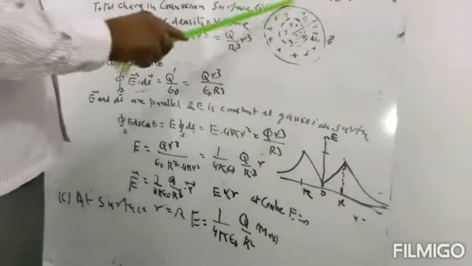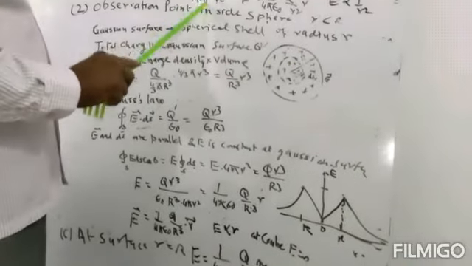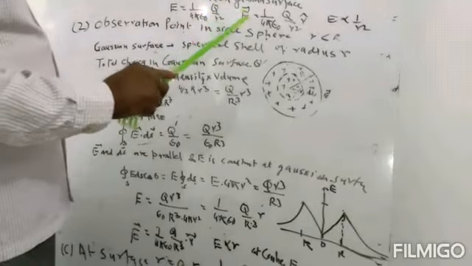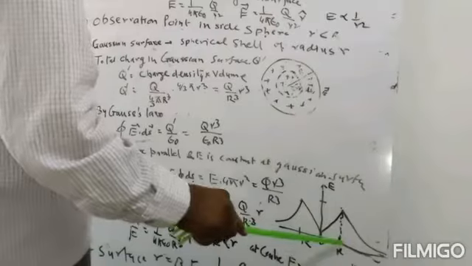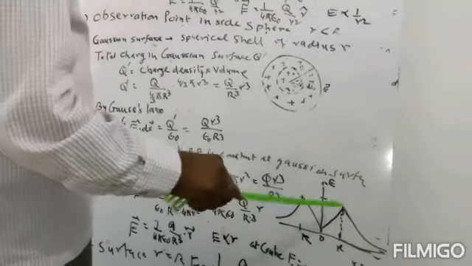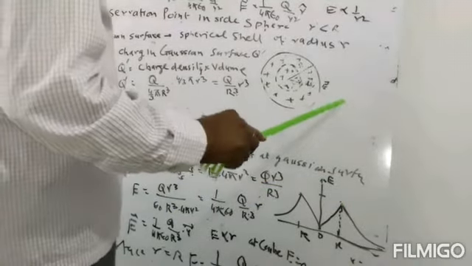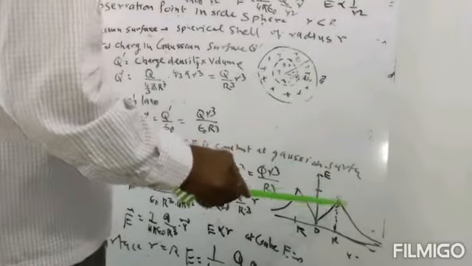So the electrical field at the surface will be equal to 1 by 4 pi epsilon 0 q by capital R square, which is the maximum electrical field. So at the distance capital R towards the right side or left side minus R, it will be the maximum value, equal to 1 by 4 pi epsilon 0 capital Q by R square.